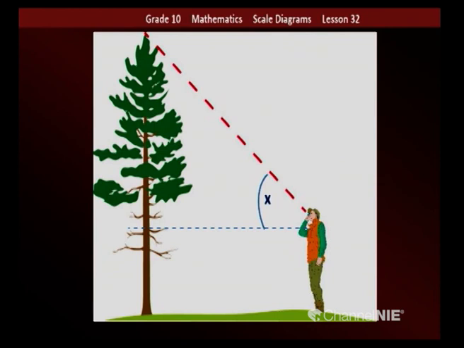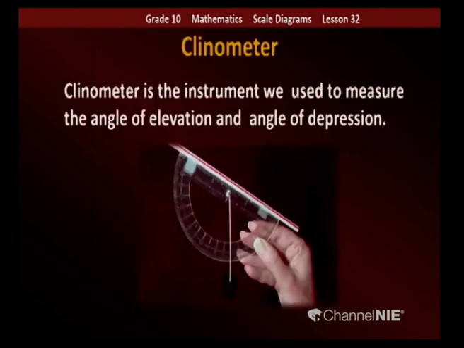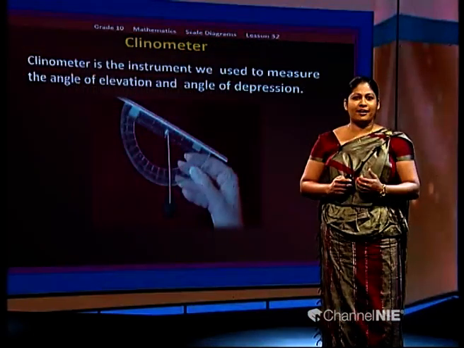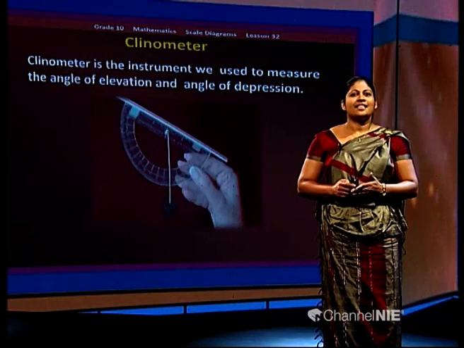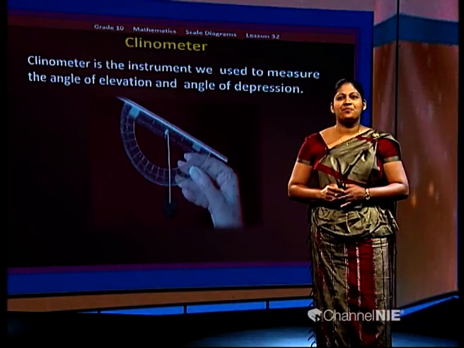That is not my problem. Now I have a problem. What is that? You may have that one. How do we measure this angle x or the angle of elevation? Do you know that? Well, see, we have to use an instrument to measure the angle of elevation or angle of depression. There is an instrument.